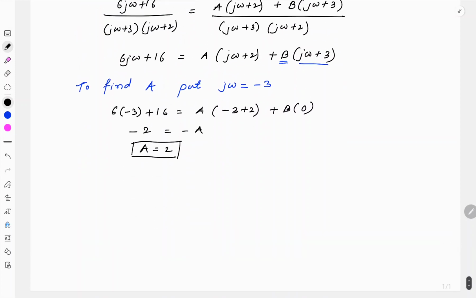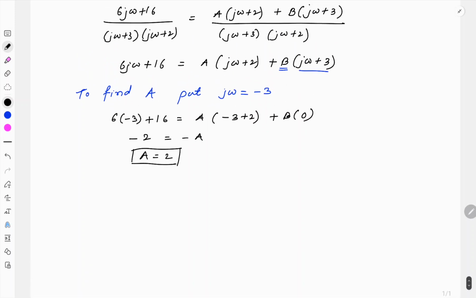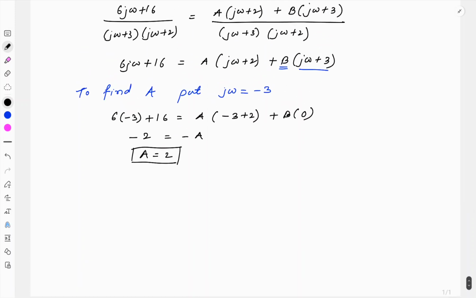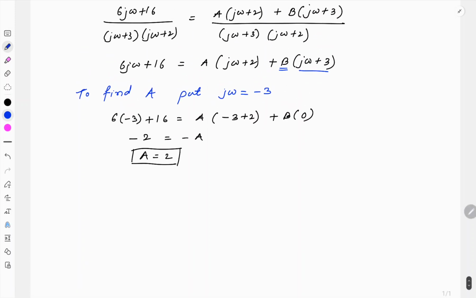Similarly, to find out B, we have to make A equal to 0. So substitute jω equal to minus 2.